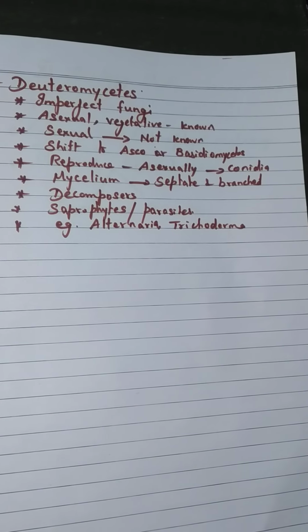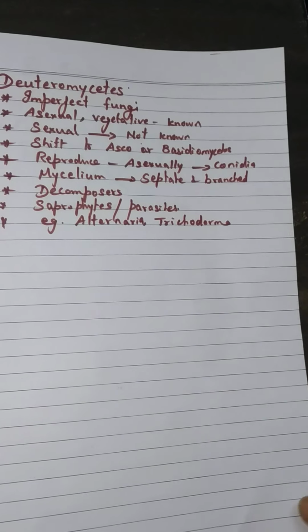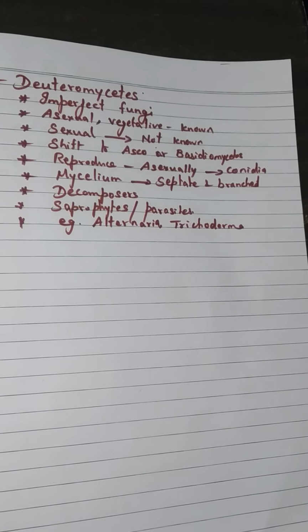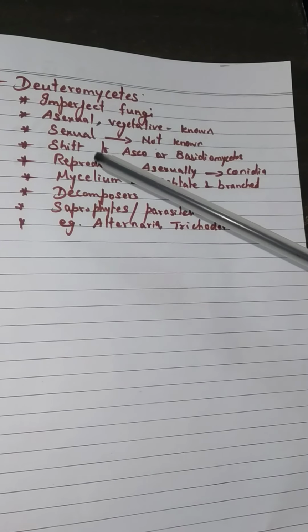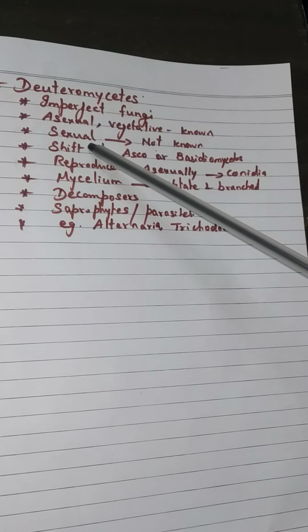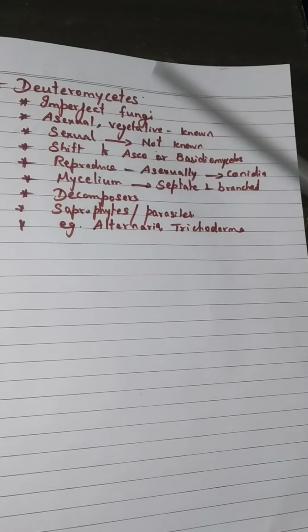Shall we move on to the next class of fungi, that is Deuteromycetes. They are commonly known as imperfect fungi because only the asexual or vegetative phases of these fungi are known.